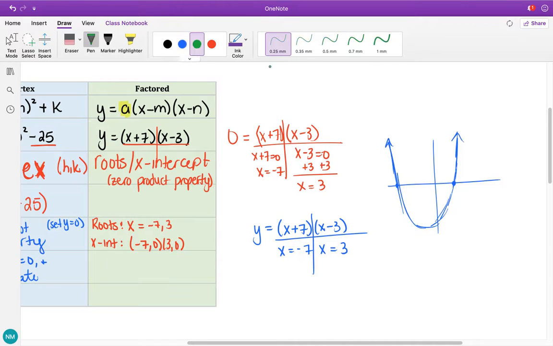Now, we spoke about the axis of symmetry is in the middle. The vertex goes through the axis of symmetry, and my x-intercepts are mirror points. This and this are mirror points, meaning the midpoint between them is going to be your axis of symmetry, right? X equals negative b over 2a, or x equals h, right?